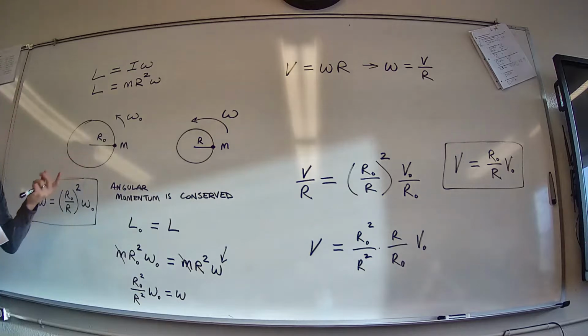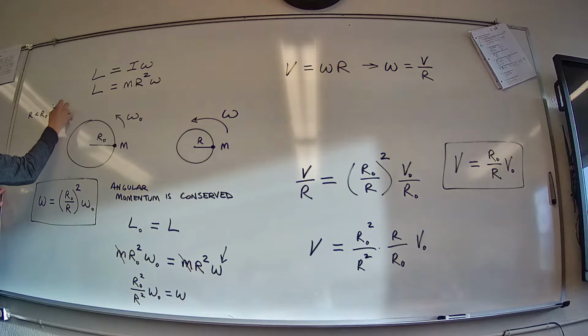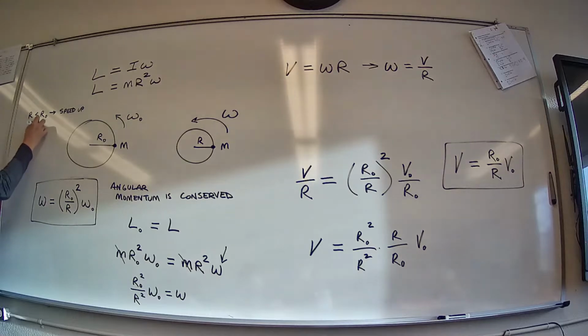If this R is smaller, it'll speed up. So you can write that very concisely: R being smaller than R naught would imply a speed up, and R being greater than R naught would imply a slowdown. That make sense? Nice. It's a nice short way to say it.